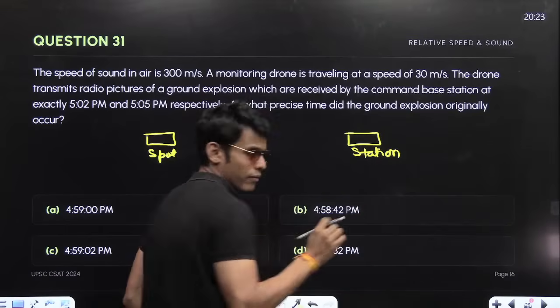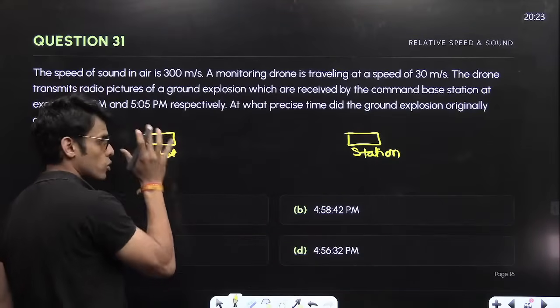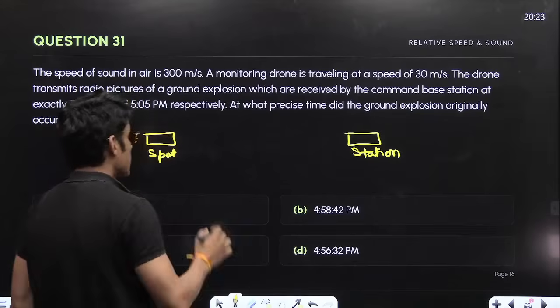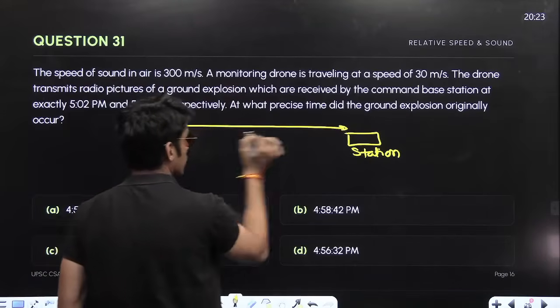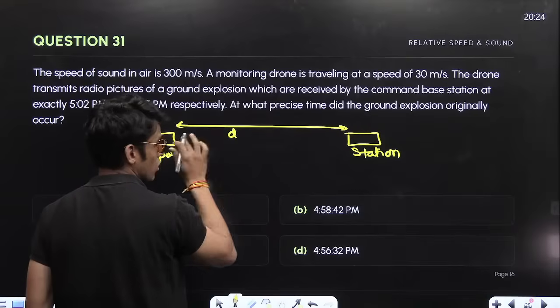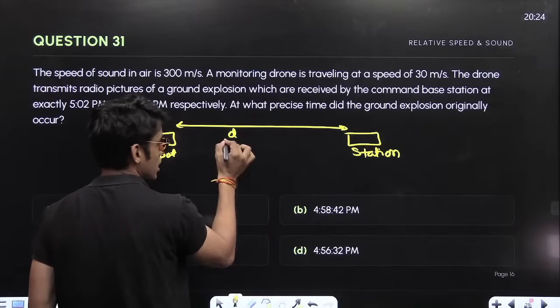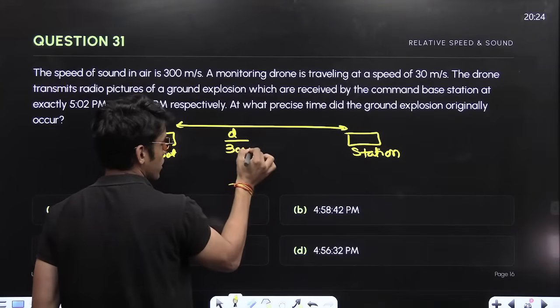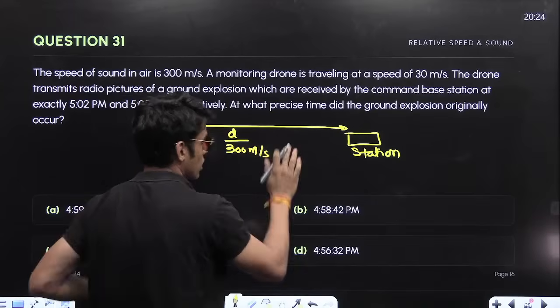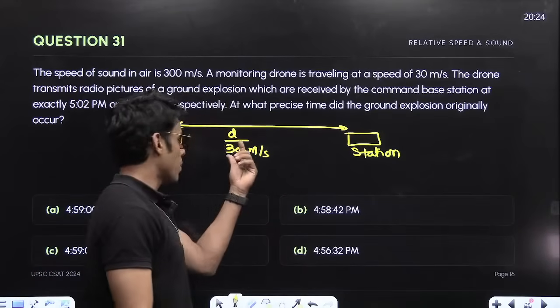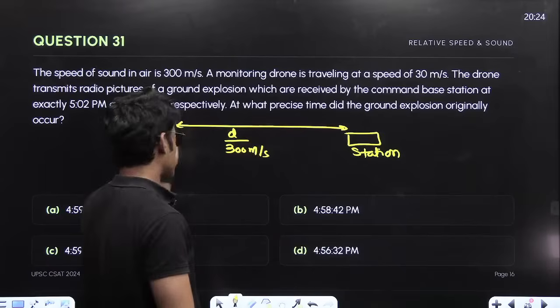So what happened? The explosion happened. Let's assume the distance is d, so d upon 300 meters per second is the amount of time which will be required for the sound to travel.